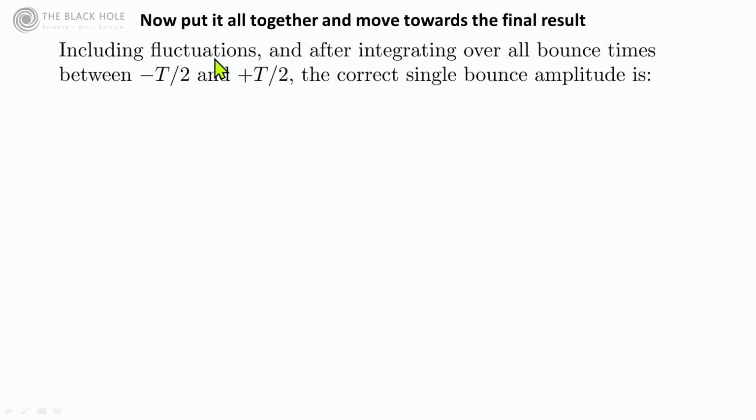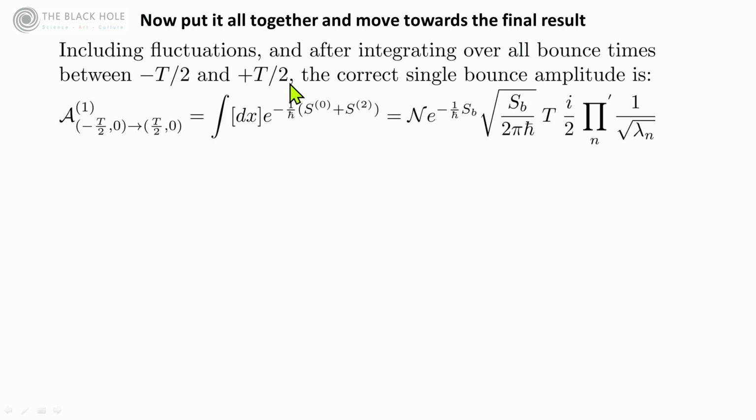If you include the fluctuations and you integrate over all bounce times between minus T over 2 and plus T over 2, and you assume that there's just a single bounce, so the instanton has gone from 0 to A and come back in time T, then the amplitude for this single instanton to go from here to here, you must integrate over all paths, which we have.